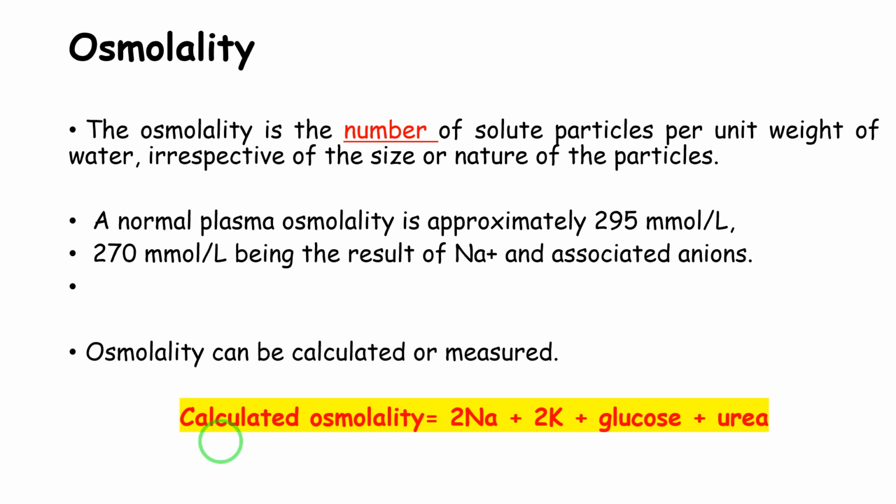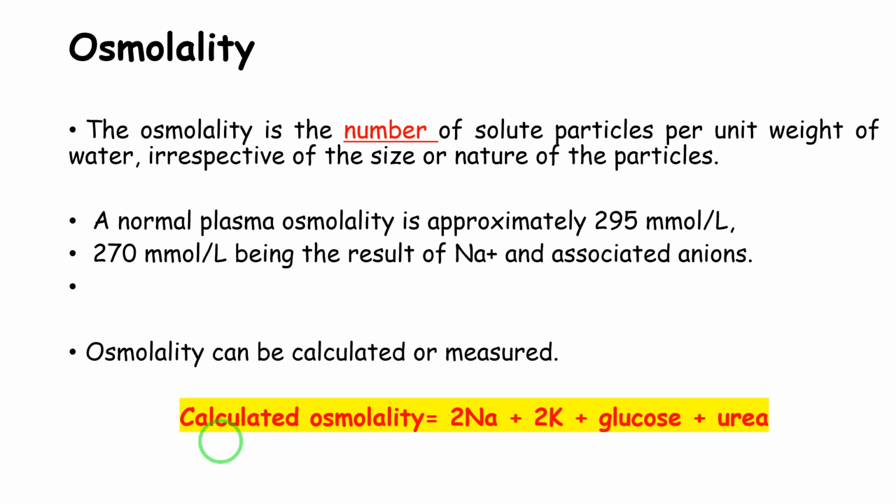How can we know if the osmolality is normal or not in our body? The osmolality can either be measured by the osmometer or it can be calculated. The calculated osmolality is by a special equation in which we multiply 2 by the level of sodium plus 2 by the level of potassium plus the level of glucose in the blood plus the level of urea in the blood.